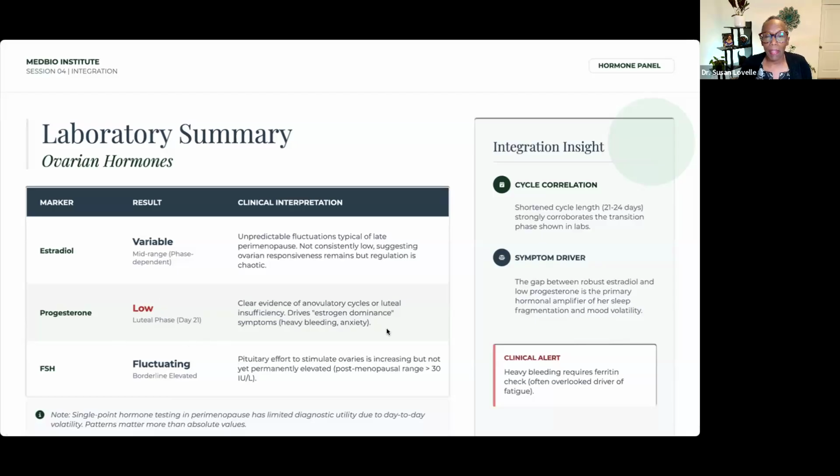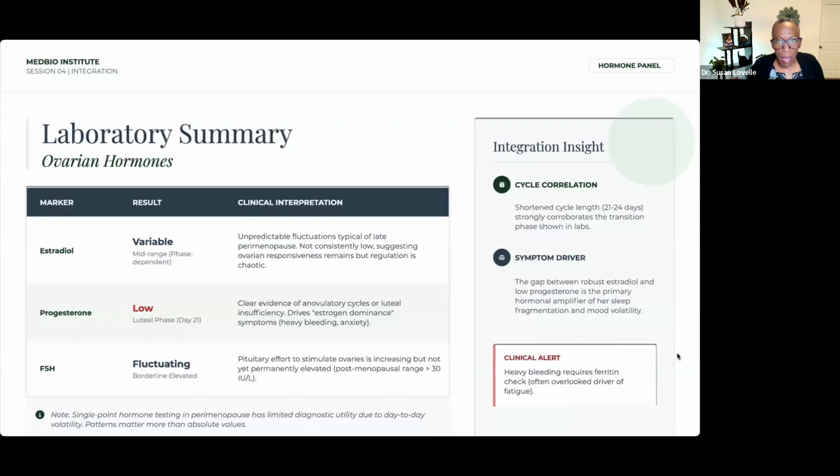And that means she's either totally anovulatory or she's insufficient. And then finally, the FSH, which is the push to the estrogen, right? The follicle stimulating hormone, that's going to be going up and down. That's the brain trying to say, okay, ovaries, get working. We're not seeing the results that we want, get to it. And so that's going to go up and down as needed.